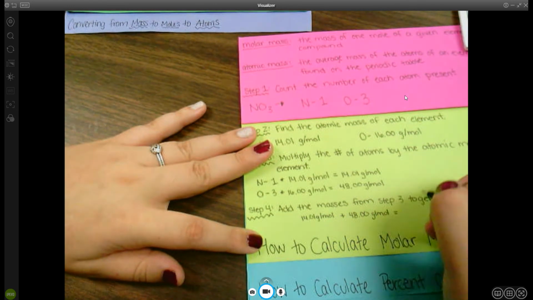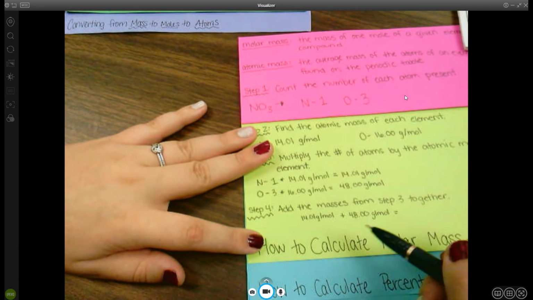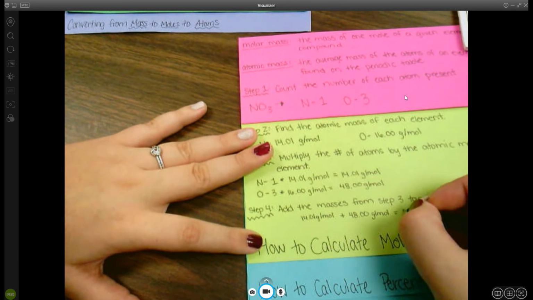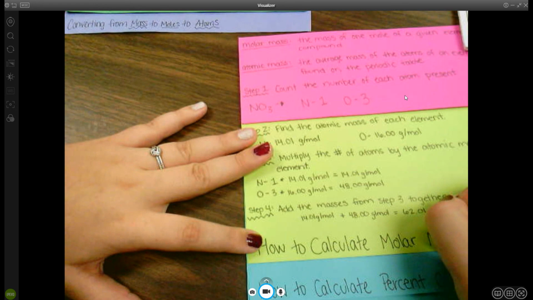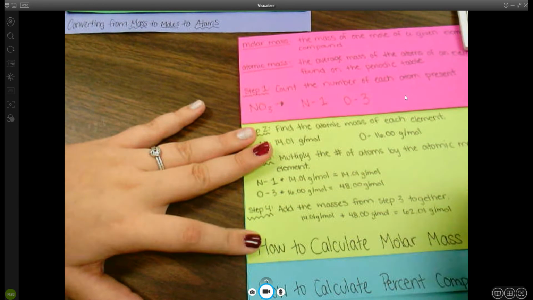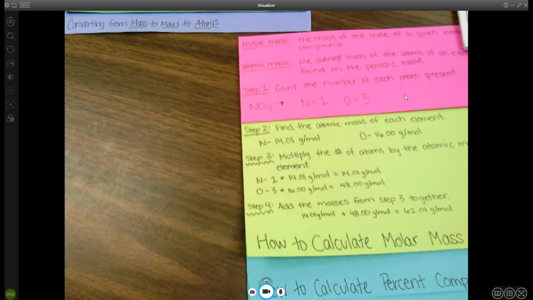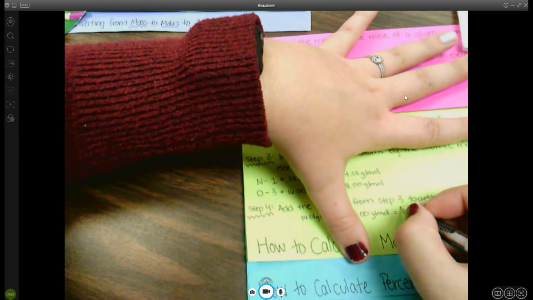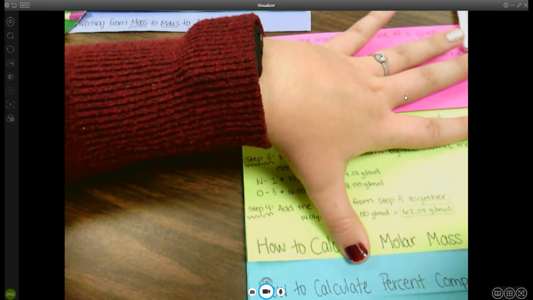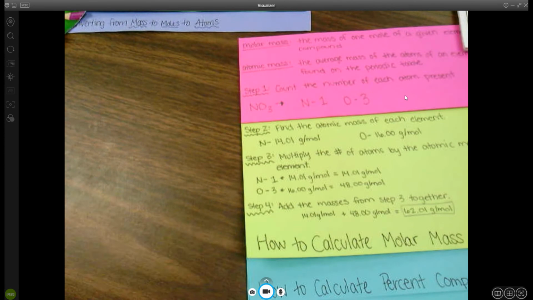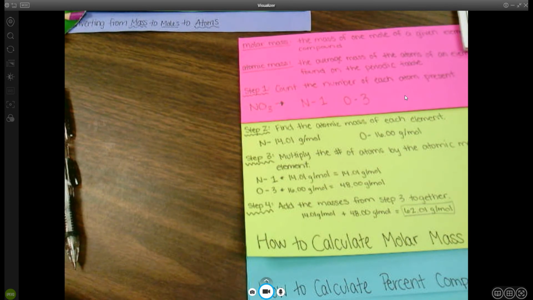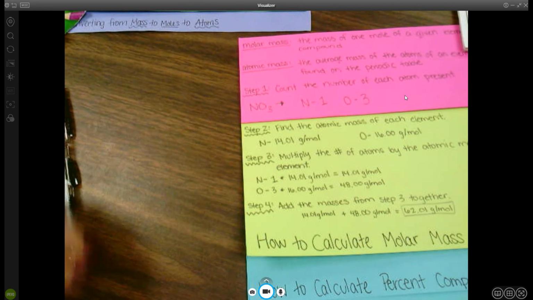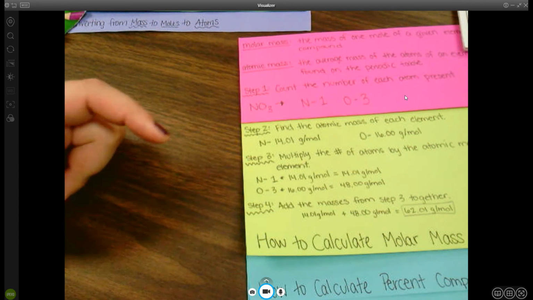I'm writing it like this because I don't have enough room. And when you add those together, you get 62.01 grams per mole as your final answer. And when we get our final answer, when we're doing math problems, we always put a box around it or circle it. Okay? That way Miss Stone knows, hey, this is my answer. Okay? So that is how you determine molar mass.